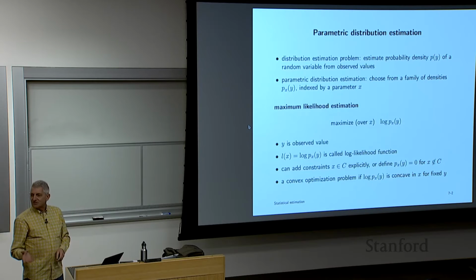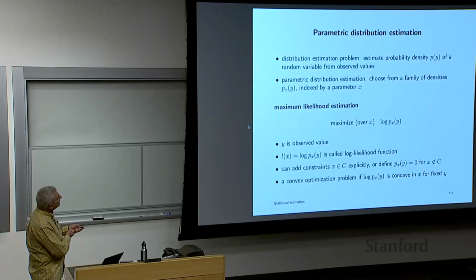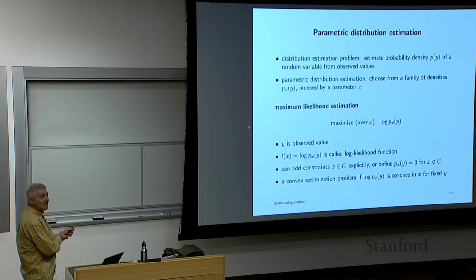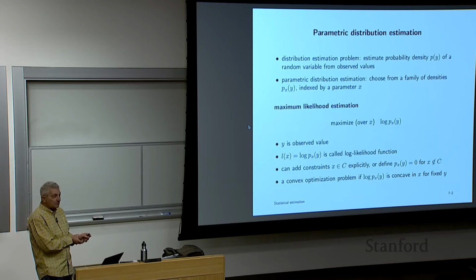So you'd have parameters. And what we'll do is put the parameter as a subscript. So p_x(y) is going to be the density with parameter values x at the point y, right?